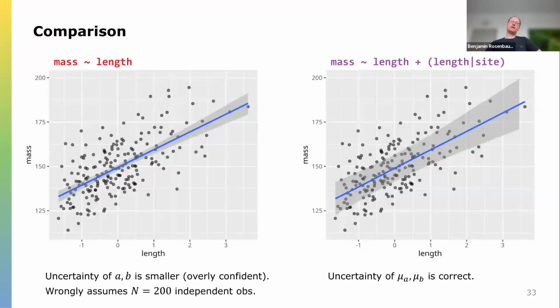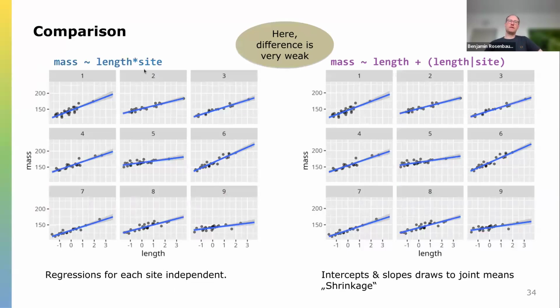If we compare this against the no pooling model, so this ANCOVA type of analysis, just length in interaction with site, basically they're getting all their individual intercepts. So they are basically independent from each other, intercepts and slopes. And it's conceptually the same as doing 9 separate regression analyses.